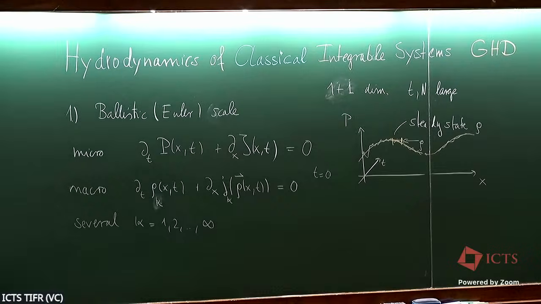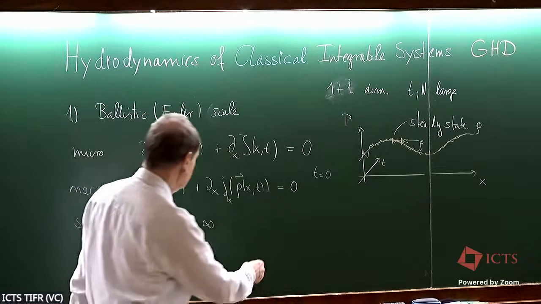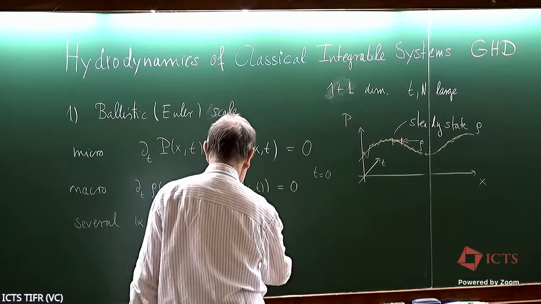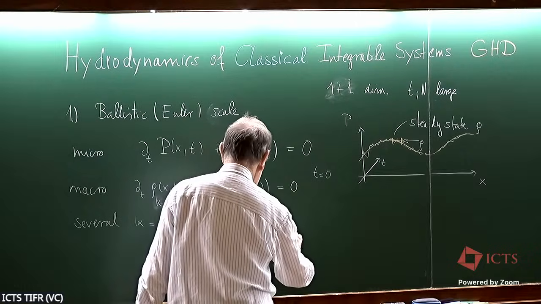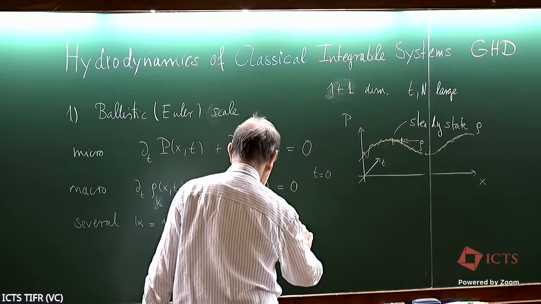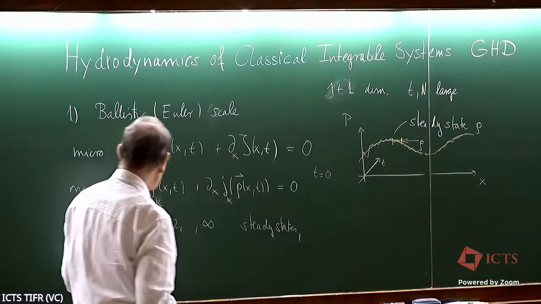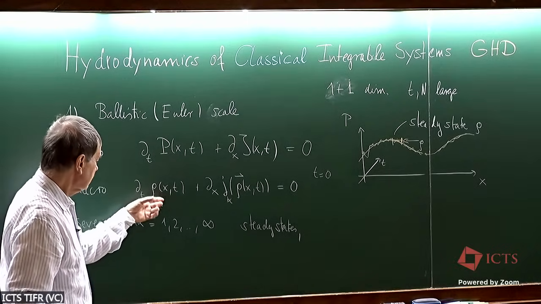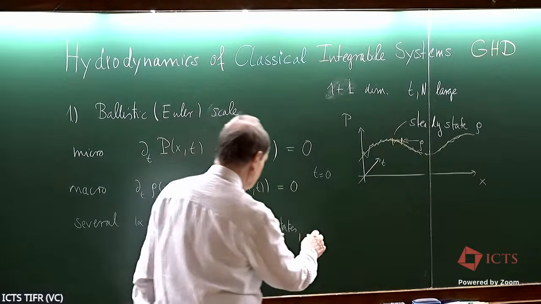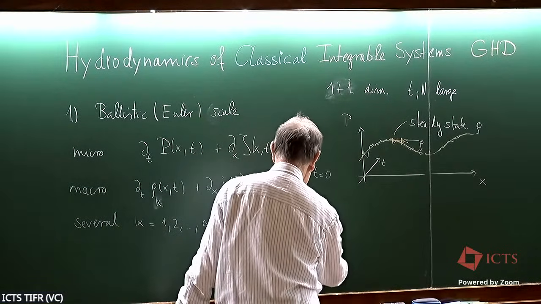But in principle, that's the program for this lecture. You have to first figure out what are the steady states. Okay, and then for the steady states, you have to say something about the densities.